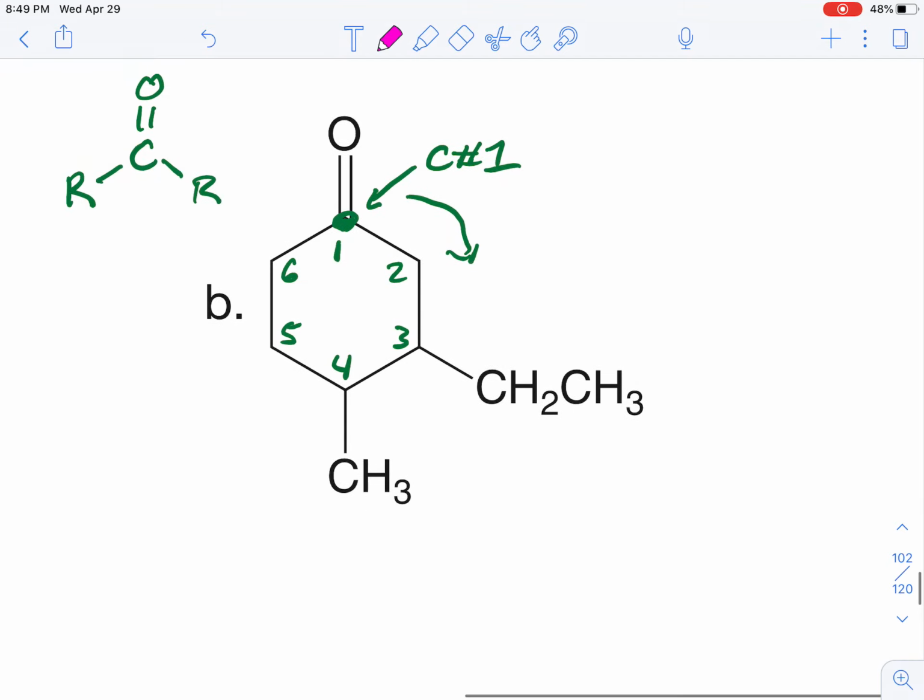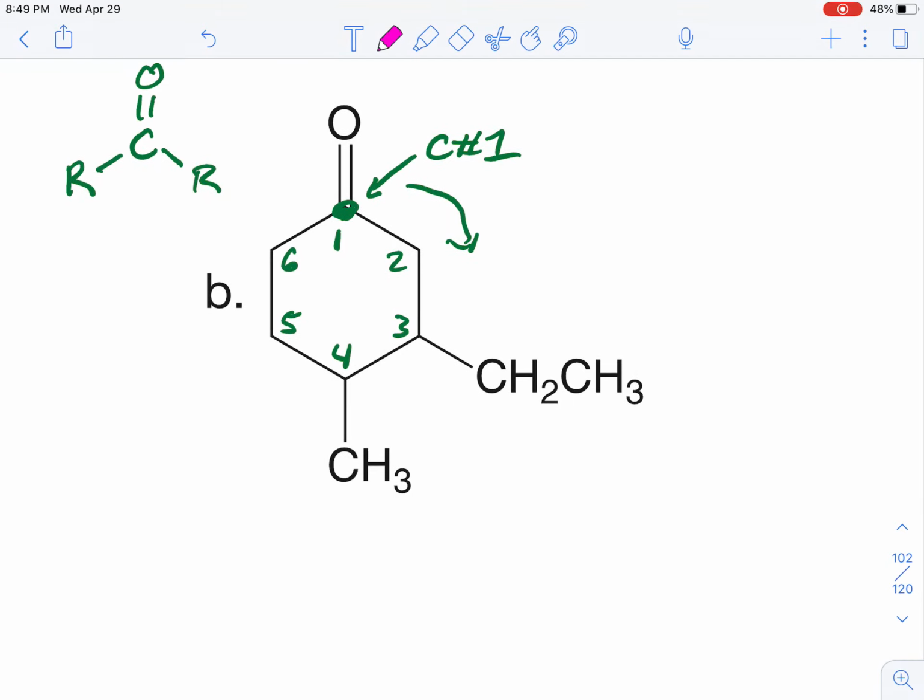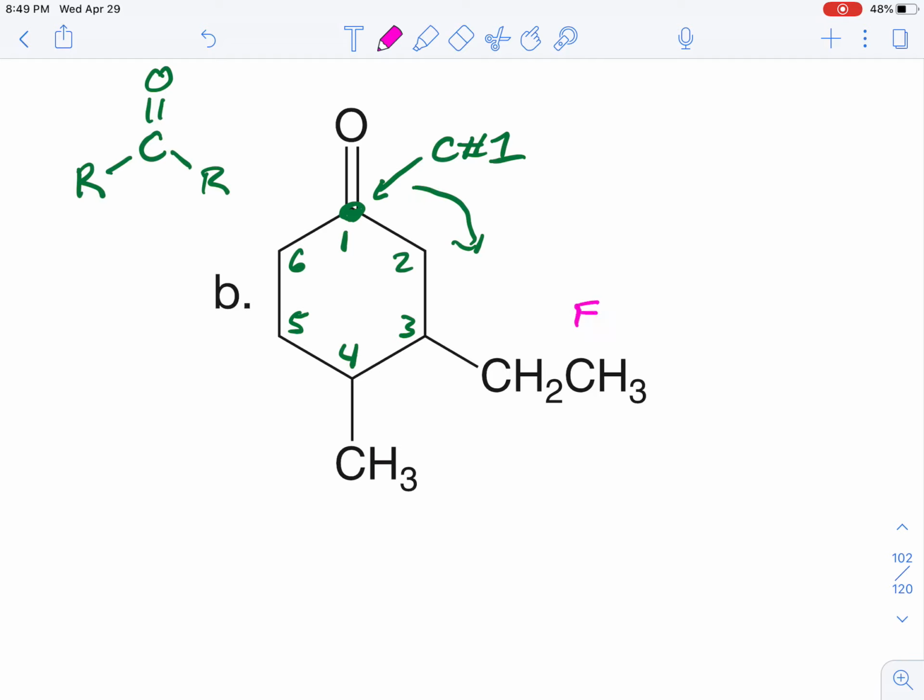And so it looks like I have an ethyl that's on carbon 3, and I have a methyl that's on carbon 4.